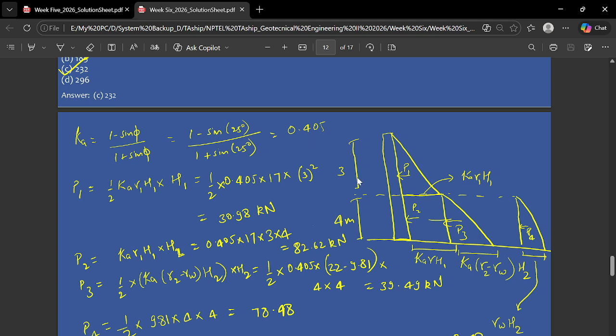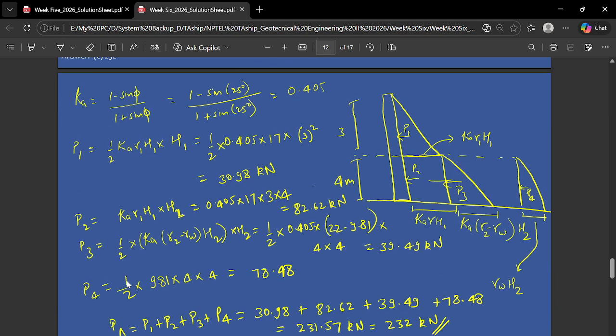You calculate K, since both layers have similar friction angles, so you will have a similar K. Then P1 is half K gamma 1 H1 square. Then P2 is K gamma 1 H1 S2, because this is K gamma 1 and this is S2. And then P3 is K gamma 2 minus gamma W, because here your water table is available in H2, into S2. And P4 is half into gamma W, so you are evaluating the hydrostatic force applied to this layer.